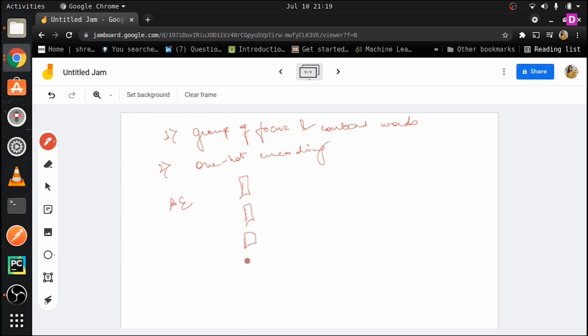So here you have different context words. These are all your context words, and each context word is of v dimension. V is basically the size of your vocabulary, right? Next you are going to connect it to an n dimension neuron. So you will have different fully connected layers here.